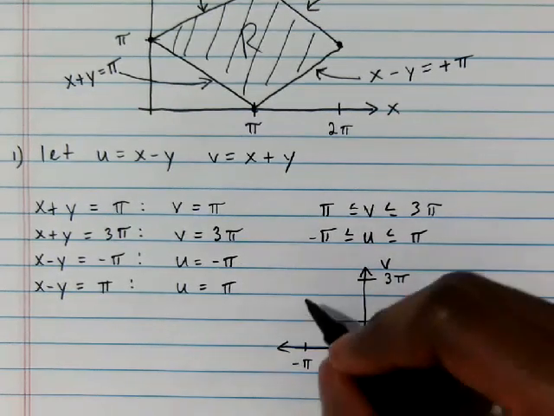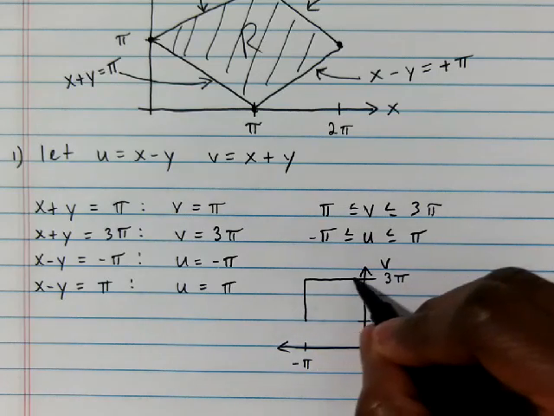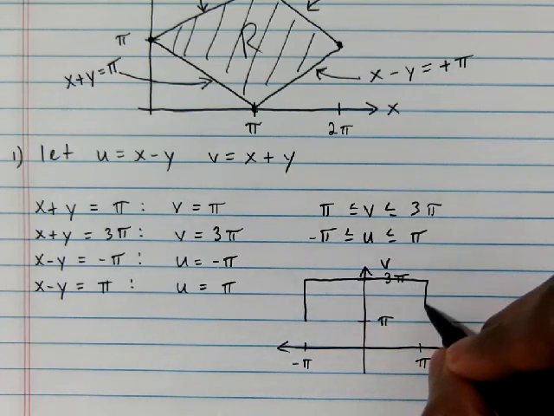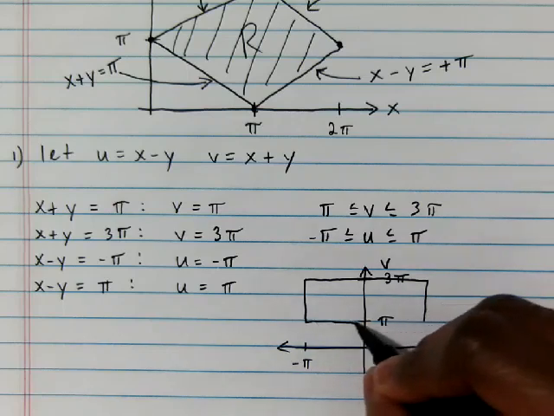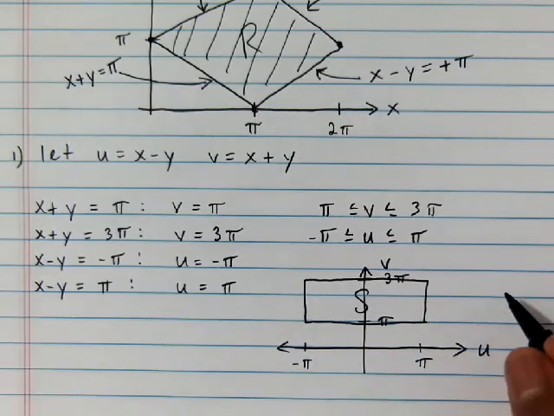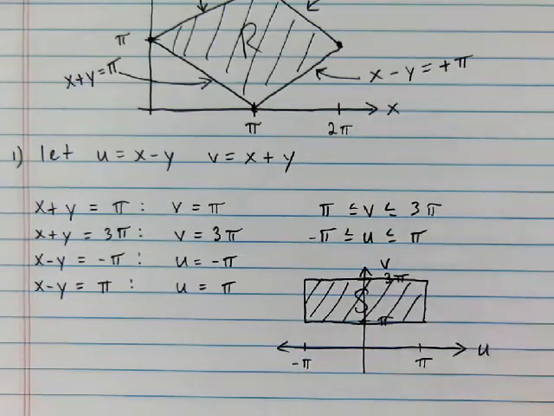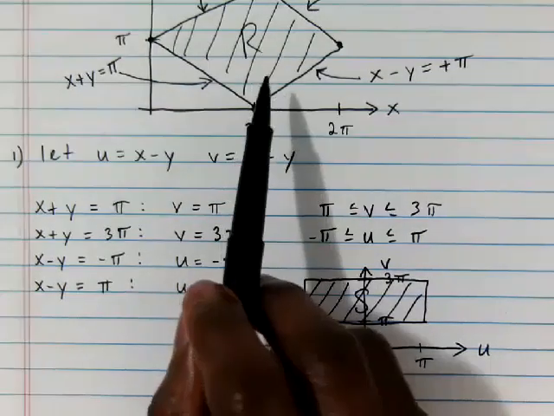So now we end up with this rectangle, and this is our region S. And this is a lot nicer region over which to integrate than the region that we had up there.